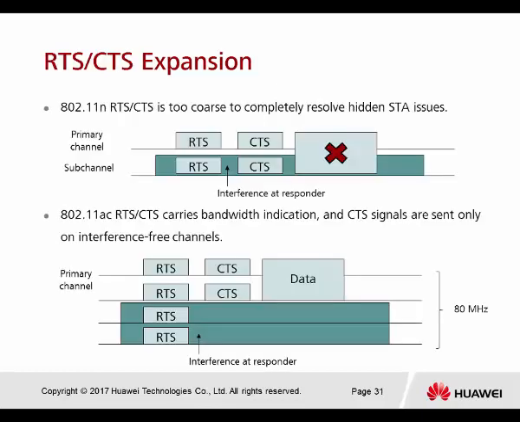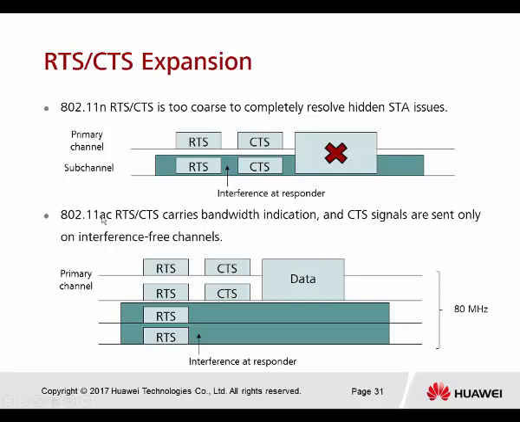You also improve the performance for RTS and CTS. So this is what happens in 802.11n: it uses the primary channel and also the sub channel to deliver the RTS and the CTS.